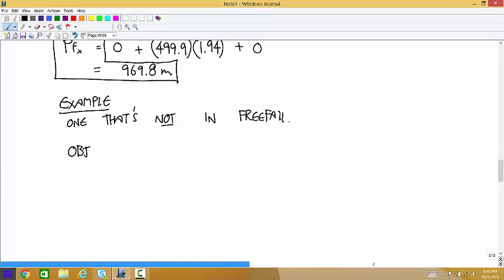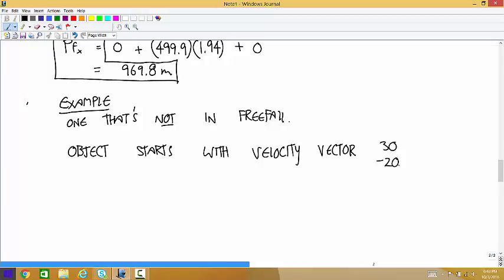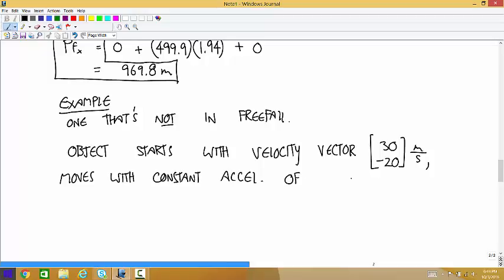So let's just say, I'm not going to draw a picture, but let's say an object starts with a velocity vector of 30, negative 20 meters per second, and moves with a constant acceleration of negative 10, negative 5 meters per second squared.